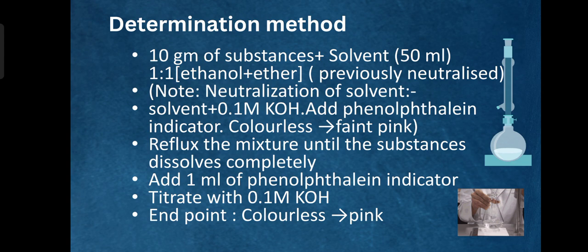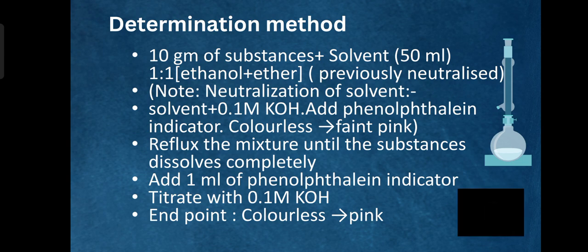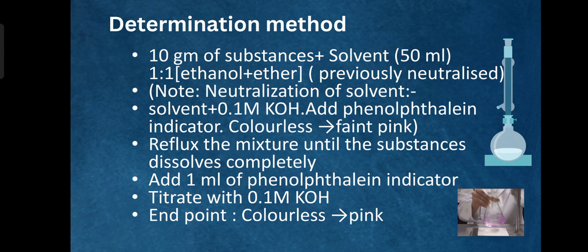So initially after adding phenolphthalein indicator, the sample will remain colorless, and as we keep on titrating with the KOH, a point comes where the substance gets converted into a faint pink color.